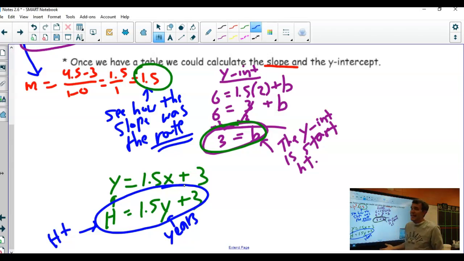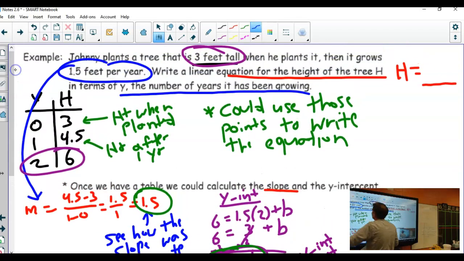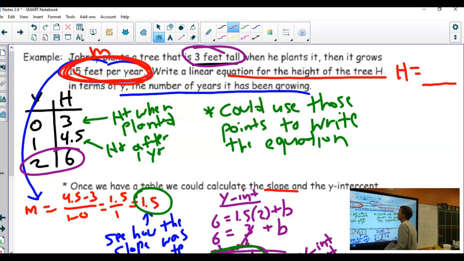And I could have written that equation without ever making a table or calculating the slope or the y-intercept if I just know that, let's go red, I guess, the rate that it's growing, this is the slope. And the starting height is the y-intercept. And if you can just pick those things out of a problem, boom, you can write the equation immediately.